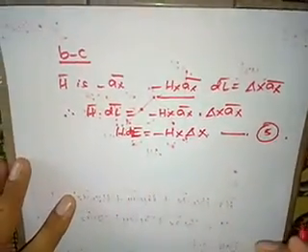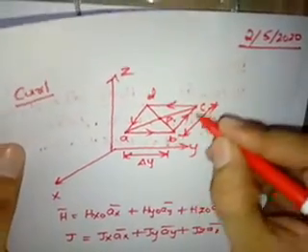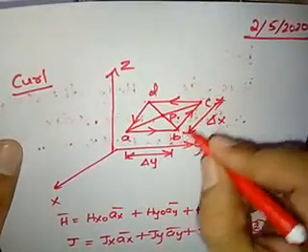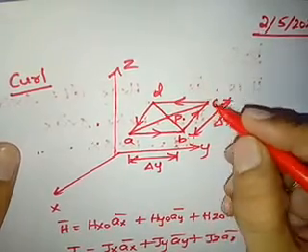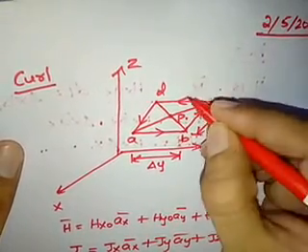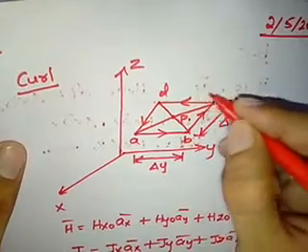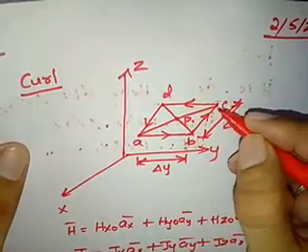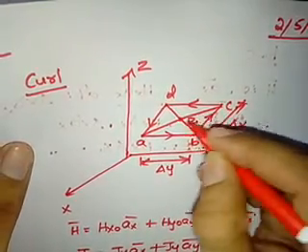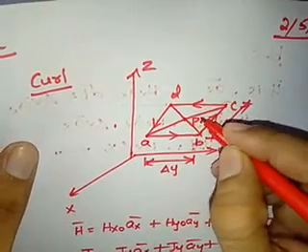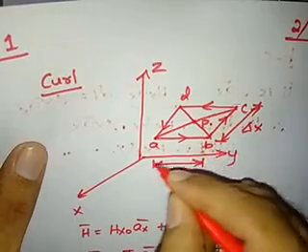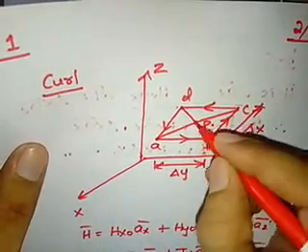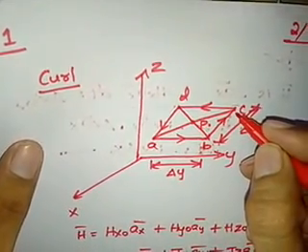Now Hx can be expressed again in terms of Hx0, that is the component at the origin, plus the rotating or circulating component. Now it is rotating in this direction, so we have to take it as y. The distance of BC from point P will be exactly delta y by 2. This side is parallel to y and this side is parallel to x, so it will be delta y by 2.